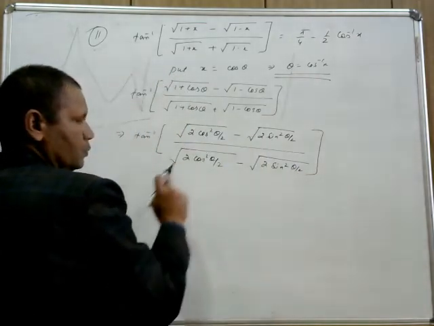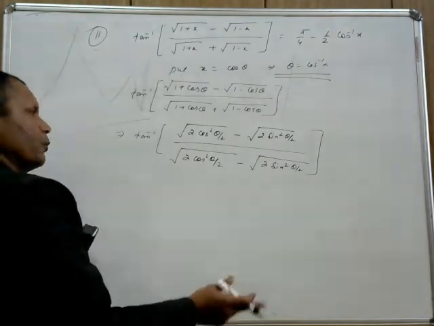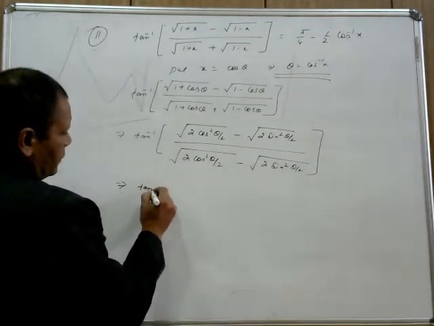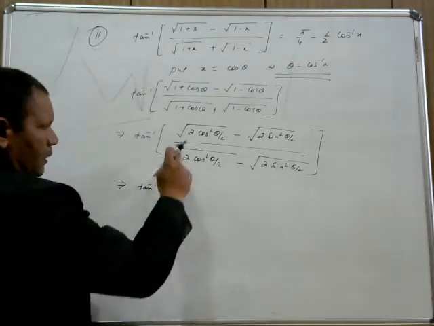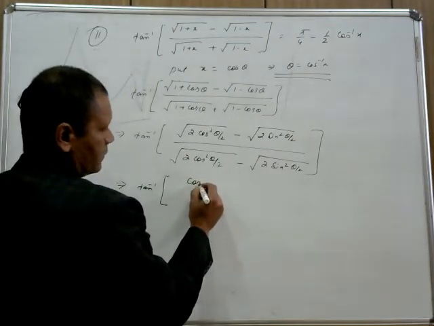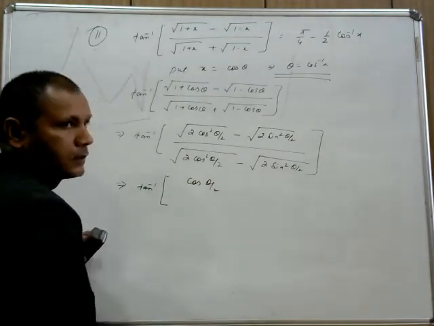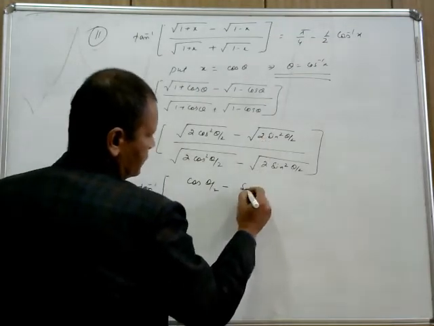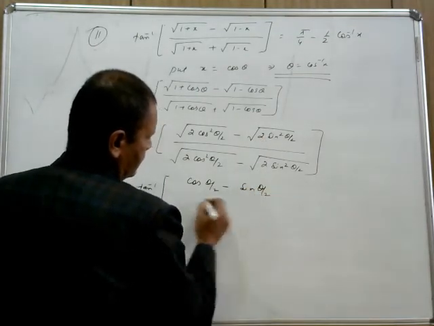Root 2 from both numerator and denominator is common and cancels. Then I am left with tan inverse of under root cos square theta by 2, which is equal to cos theta by 2, minus under root sin square theta by 2, which is equal to sin theta by 2.